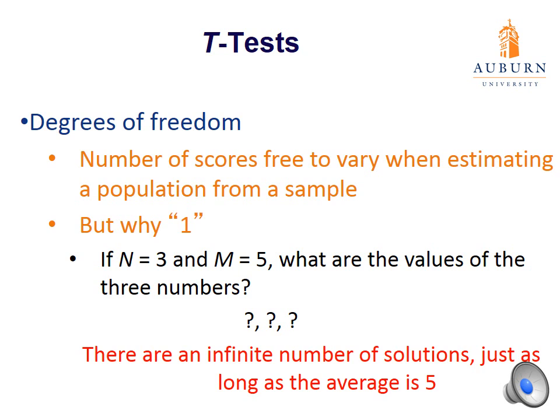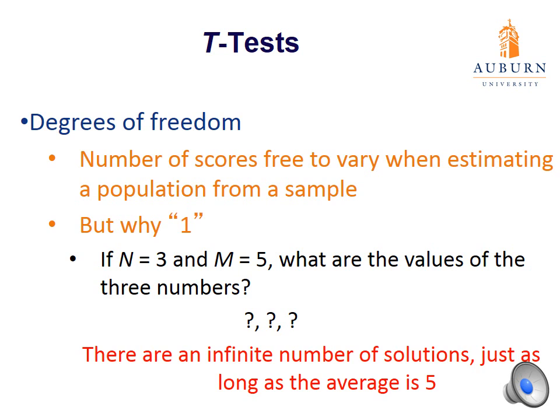So for example, our 3 numbers could be 6, 5, and 4. The average of those 3 numbers is 5, and so that meets the criteria of our problem. But also, the numbers -20, 7, and 28 would also meet that criteria. The average of those 3 numbers is also 5.